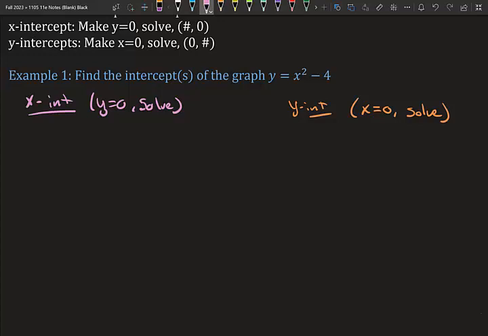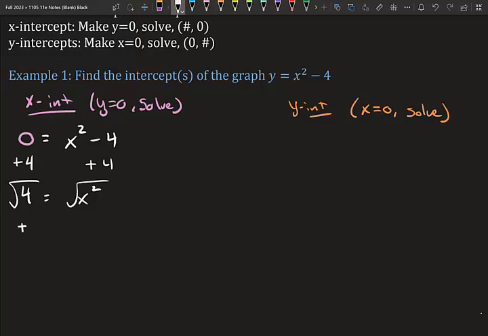Alright, let's find our x-intercept. So we make y equals 0. So we have 0 equals x squared minus 4. We add 4 to both sides. We get 4 equals x squared. We square root. So we get plus or minus 2 equals x. So we have negative 2, 0, and 2, 0.